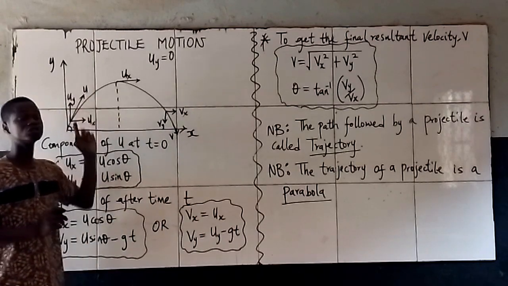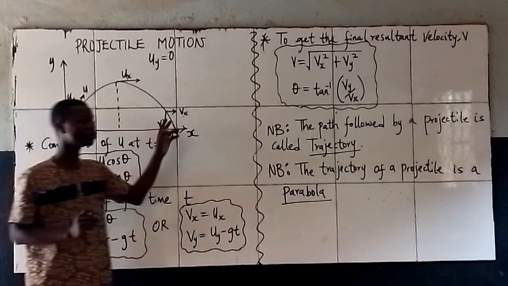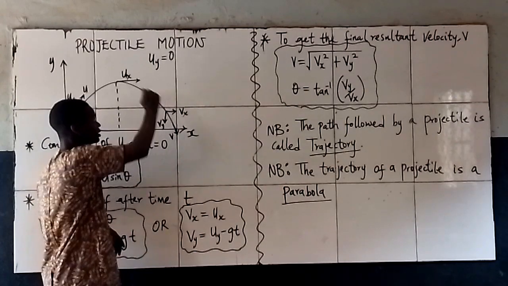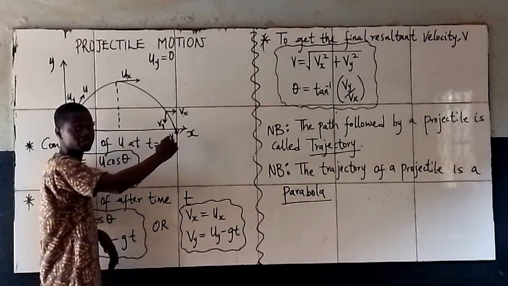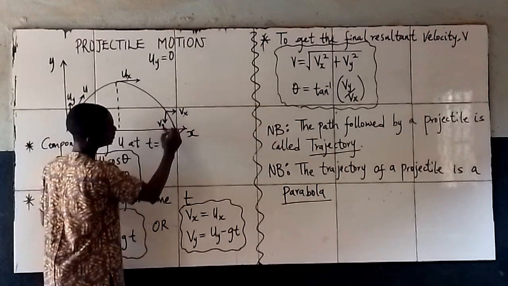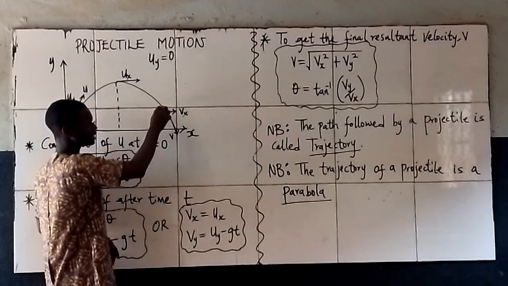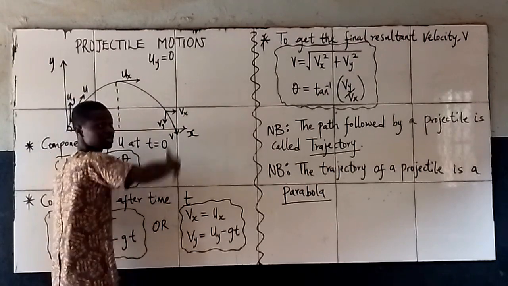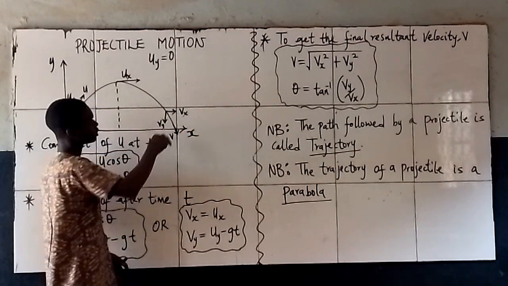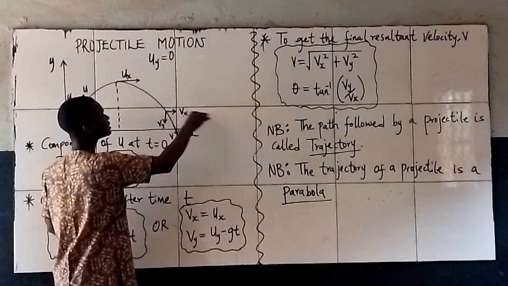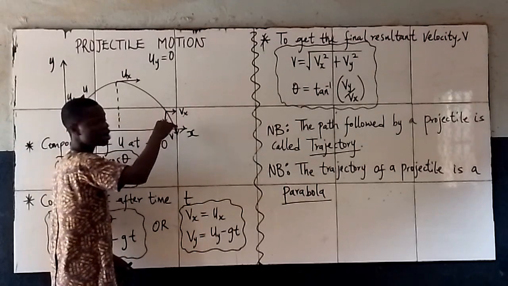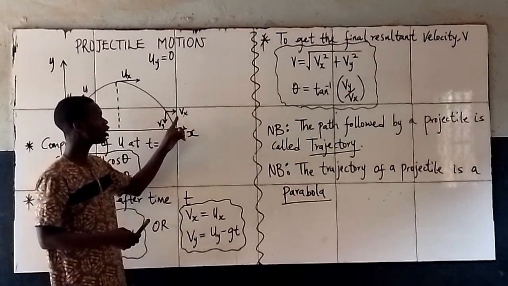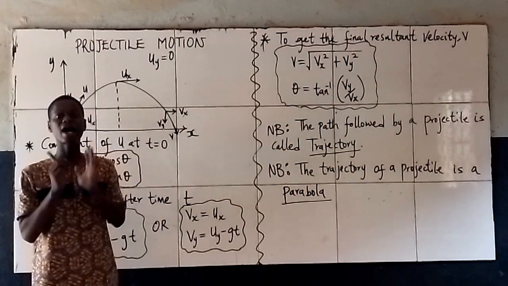Just the same way we can resolve the initial velocity, we can also resolve the final velocity. Now observe, when it was coming downward like this, this is the trajectory of its motion. Now, there is a component of this final velocity that is acting in this direction. And we know that this direction is also related to vertical. So we say Vy. While there is a component acting in this direction too, that will be the horizontal component of the final velocity. That will be Vx. I hope that is clear.